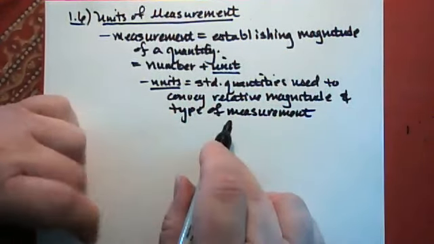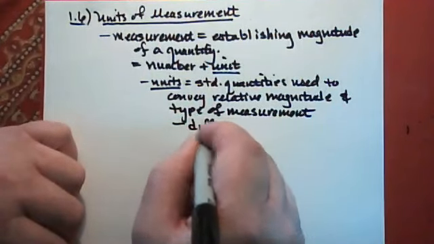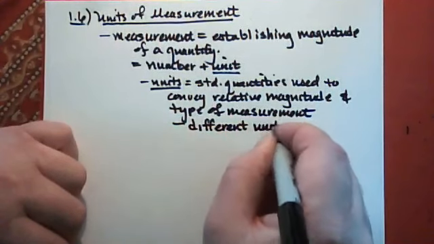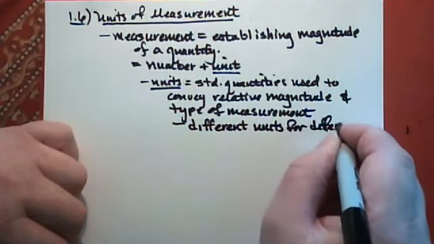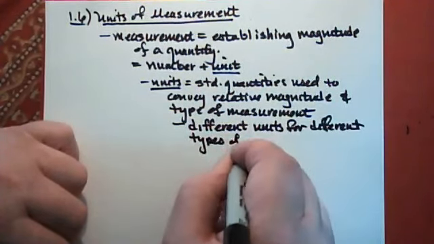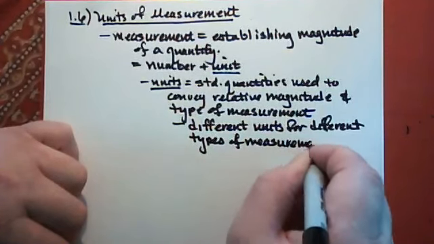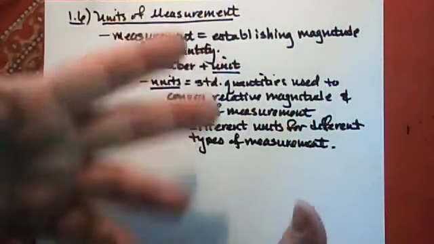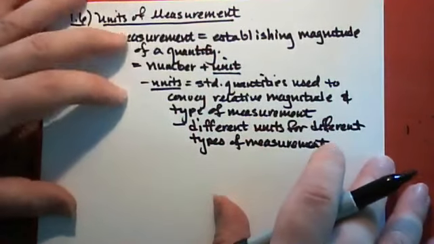They can do both of these things because there are different units for different types of measurements. So, if you see, say, 11 inches, then you know that that must be a length or a distance of some sort.